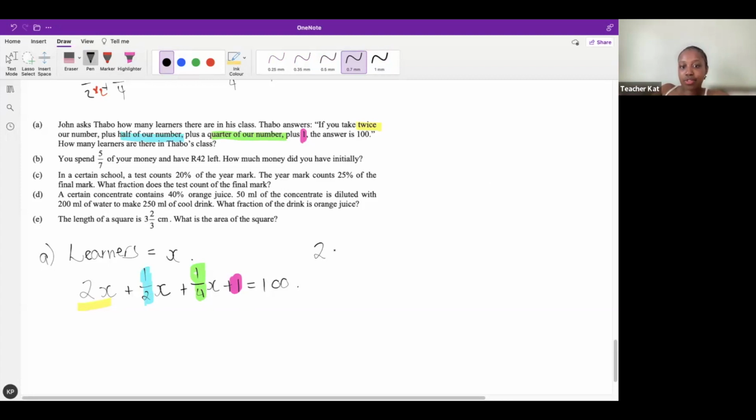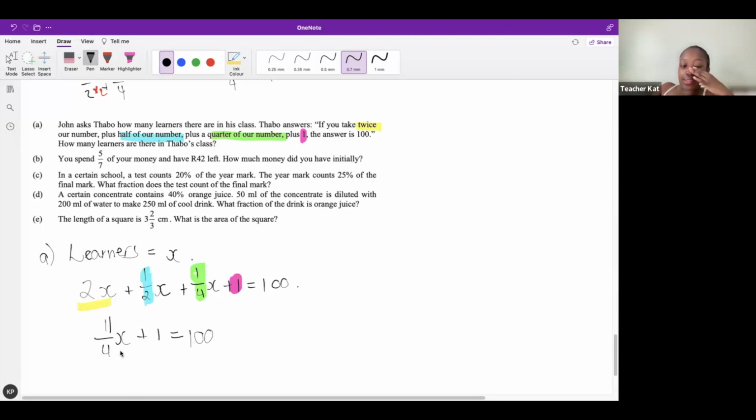Think of it as numbers. 2 plus 1 over 2 plus 1 over 4. 2 plus a half is 2.5, right? Nice, 11 over 4. But we have an x, right? So it's 11 over 4 x, plus 1 will give us 100.